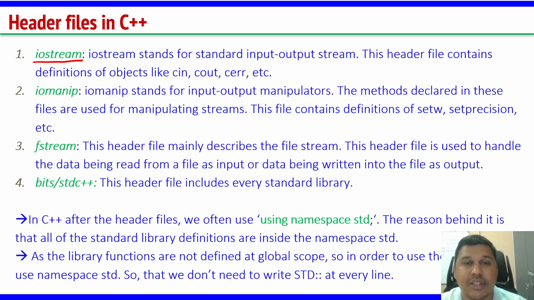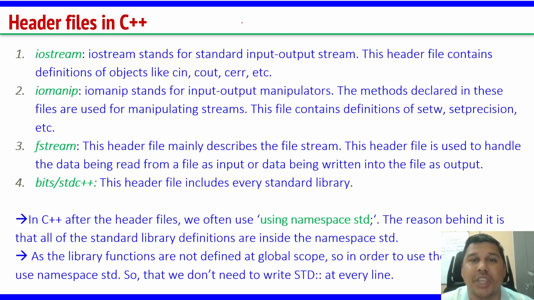Like in C programming, we use stdio.h by default for every program. Same way, we use iostream for every program in C++, because without any input and output statements, I will not be having any program. So iostream is a mandatory header file. But in C++, we will not be using .h.